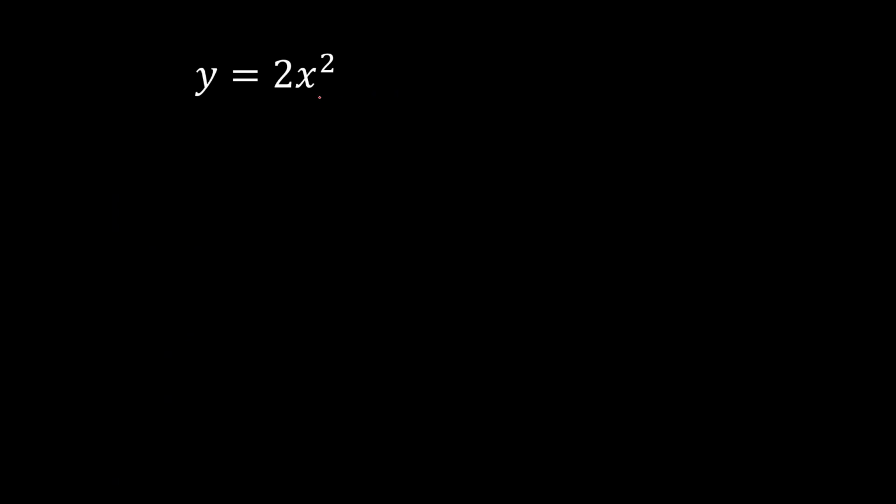And now what if you put a number in the front of the squared? So here we see a 2. We put a 2 in front of the x squared. So you plug in some points. You have -3, plug that in for x.